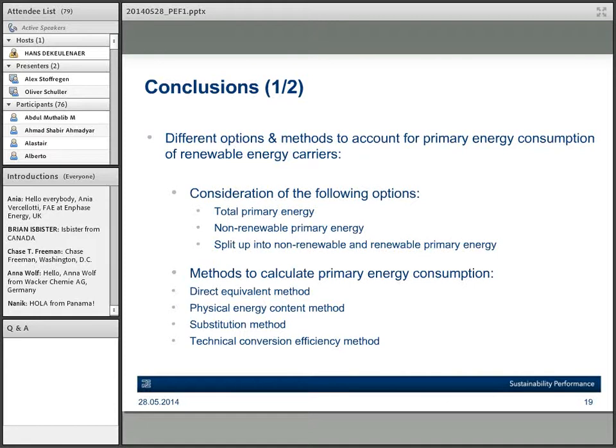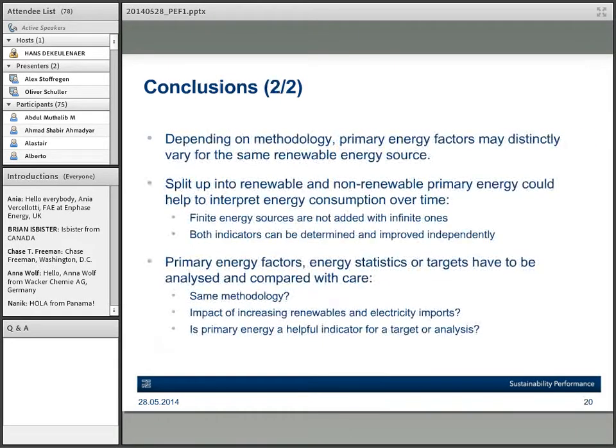So if you always work with one institution or just look at one region, like we always use Eurostat in Europe, then the problems you might face are not so big, but if you compare statistics or numbers from IEA and EIA, then you're already in trouble. So this is especially important to keep in mind, that there are different methods. So this as a summary.